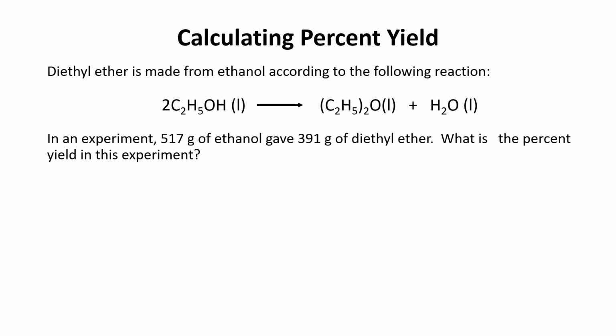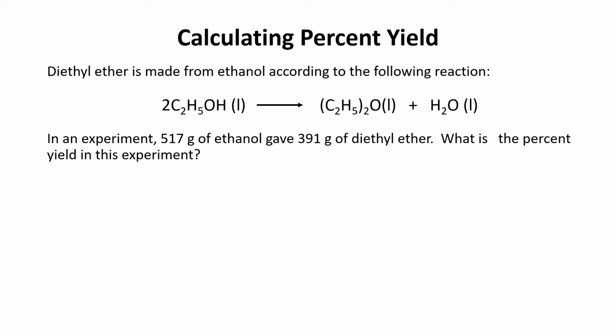So, as we read this problem, diethyl ether is made from ethanol according to the following reaction. We have 2 moles of ethanol in the liquid state that reacts. So 2 molecules of ethanol would react to form 1 molecule of diethyl ether and water.